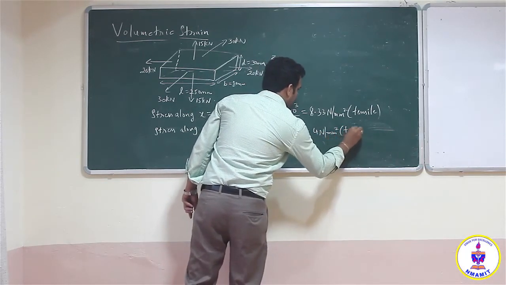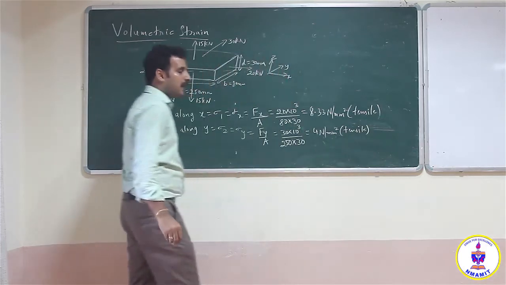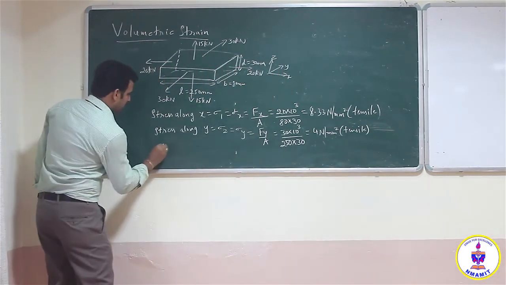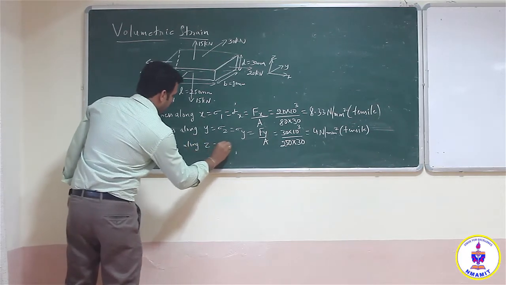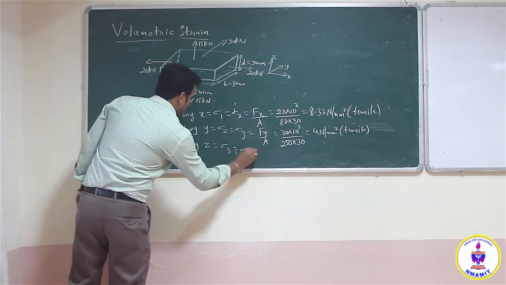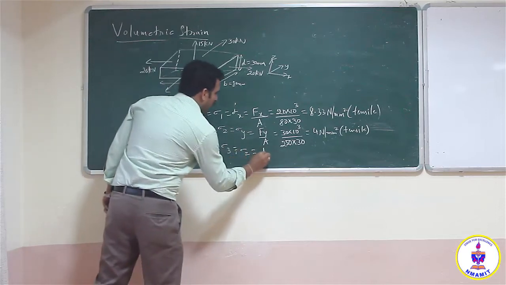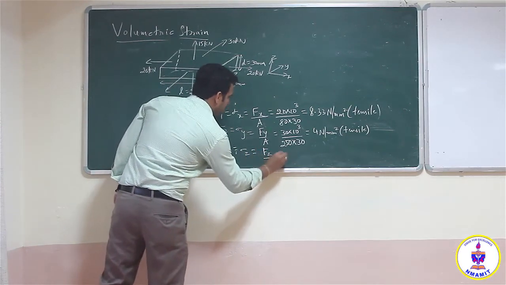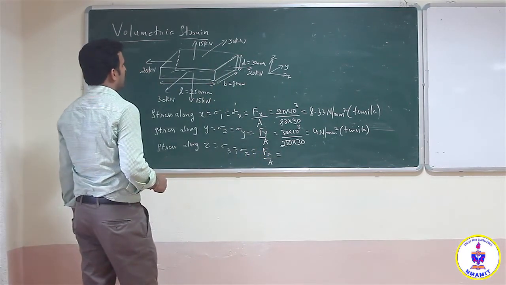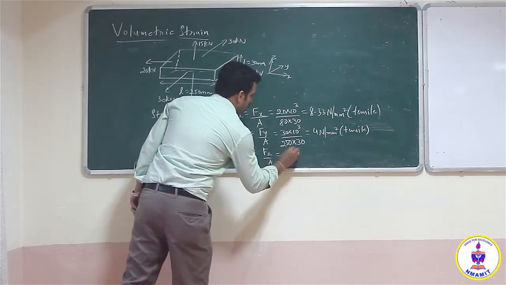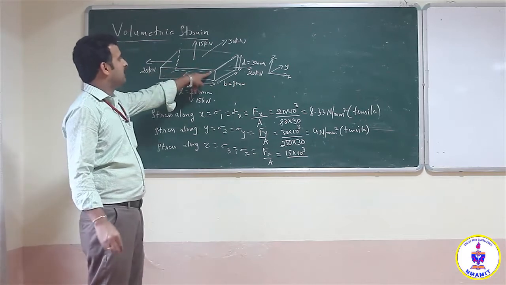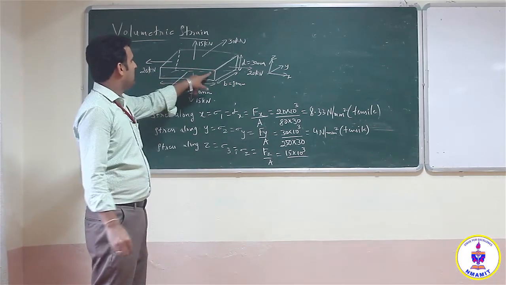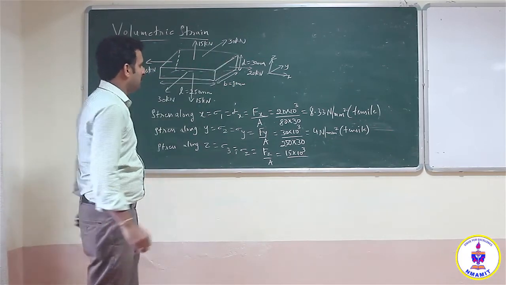So this is again tensile. Last, stress along z axis is sigma 3. So sigma z equal to force which is acting along z axis by area. So force is acting along z is 15 kilonewton divided by cross sectional area, that is length into width.